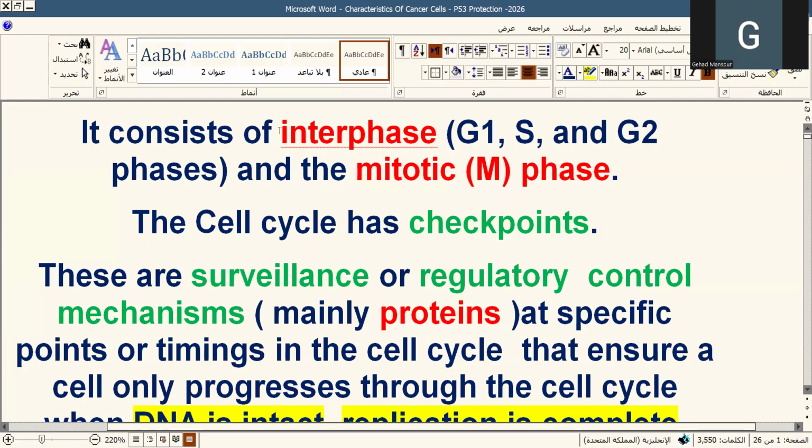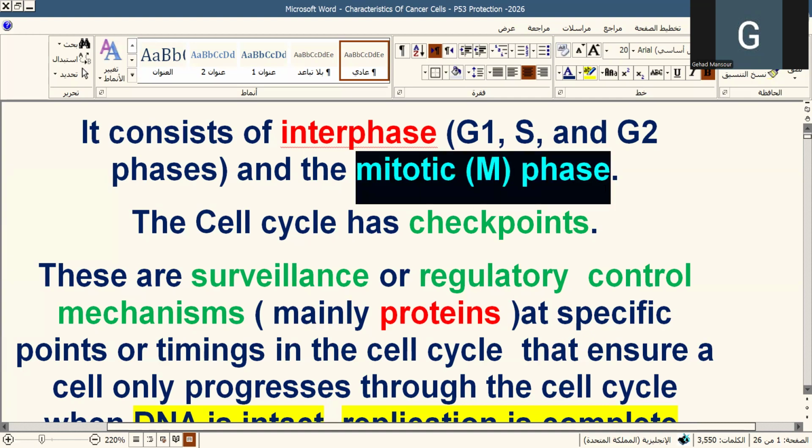The interphase is all about preparing the cell for mitotic division, and the mitotic phase is where the nucleus will start dividing, or the DNA will start dividing, followed by division of the cytoplasm, or cytokinesis. So we have karyokinesis, or the division of the nucleus and DNA, followed by cytokinesis, as we said before.